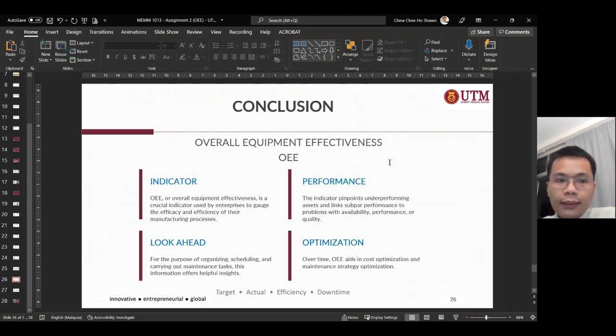So now we come to the conclusion. OEE is an indicator that evaluates the effectiveness. It's a crucial indicator used by the enterprise to gauge the efficacy and efficiency of their manufacturing process.